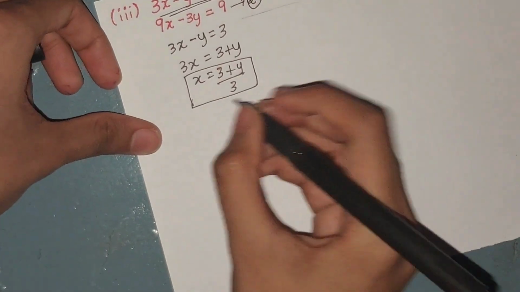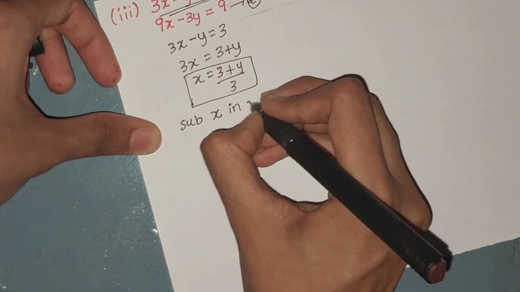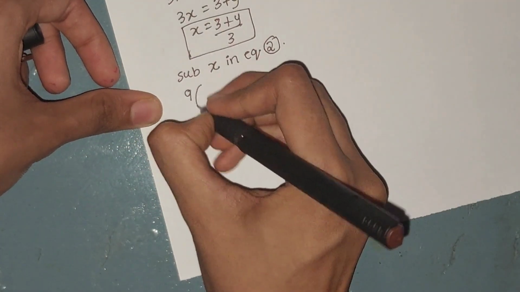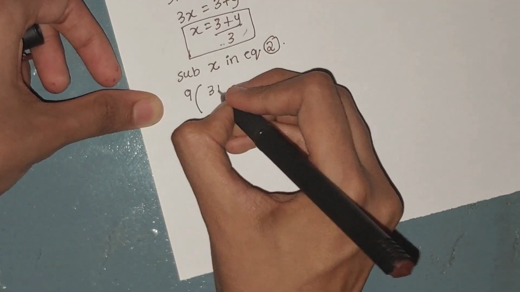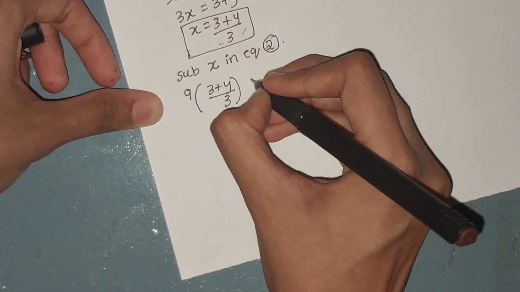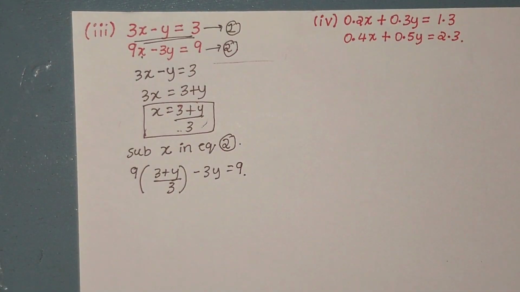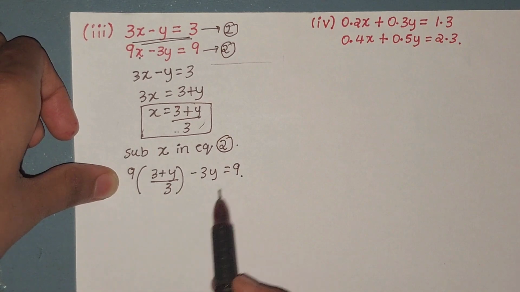Now substitute x in equation 2. In place of x you substitute this. So 9 times (3 plus y) by 3, minus 3y, is equal to 9. I hope you're able to understand it. In place of x you substituted this and got this equation.